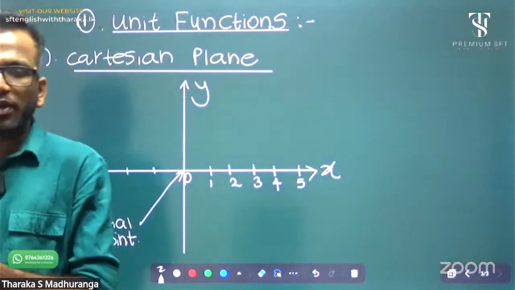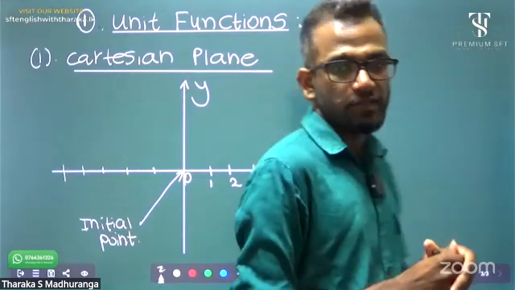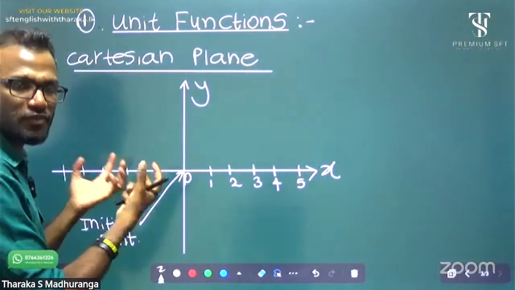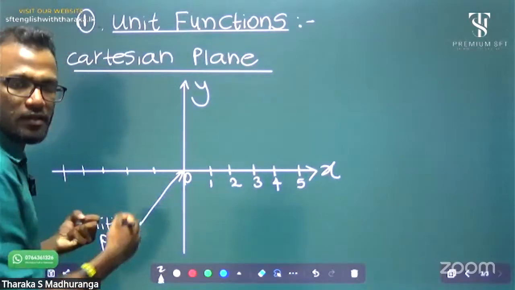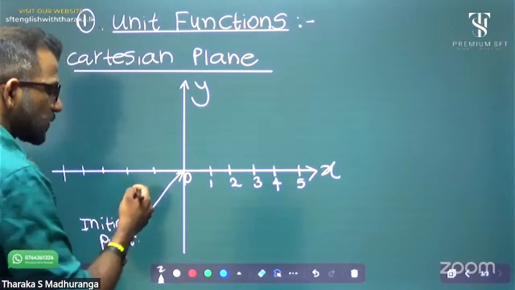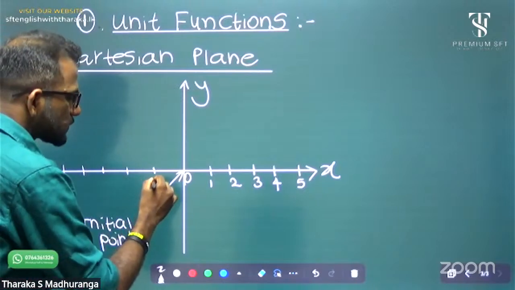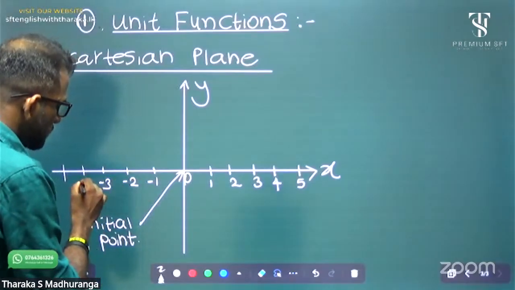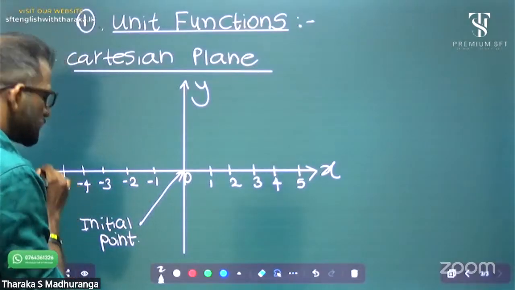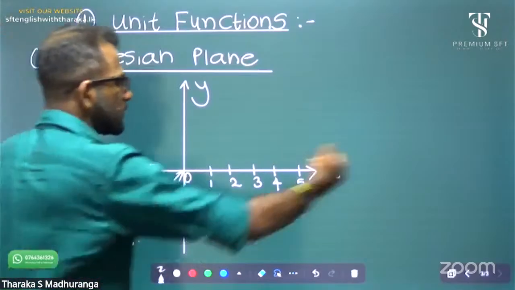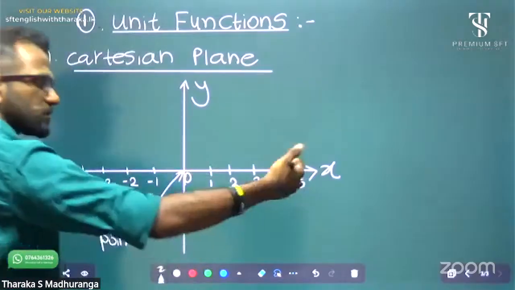Very good, they are decreasing. The numbers increase, but their value is decreasing: -1, -2, -3, -4, -5. Let's continue, and the positive side also continues.